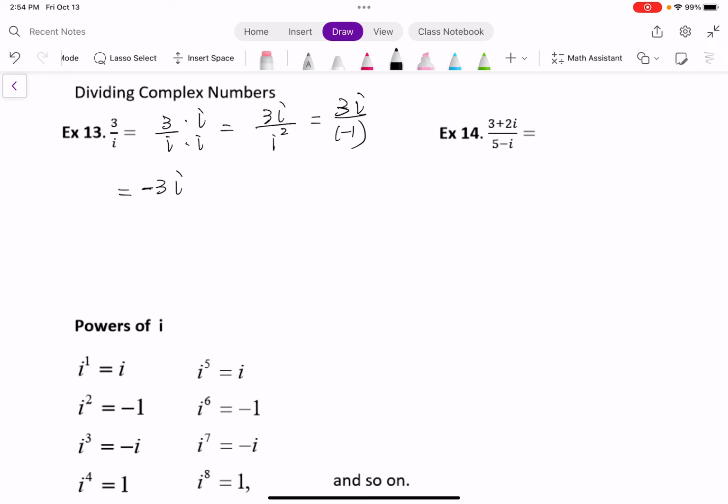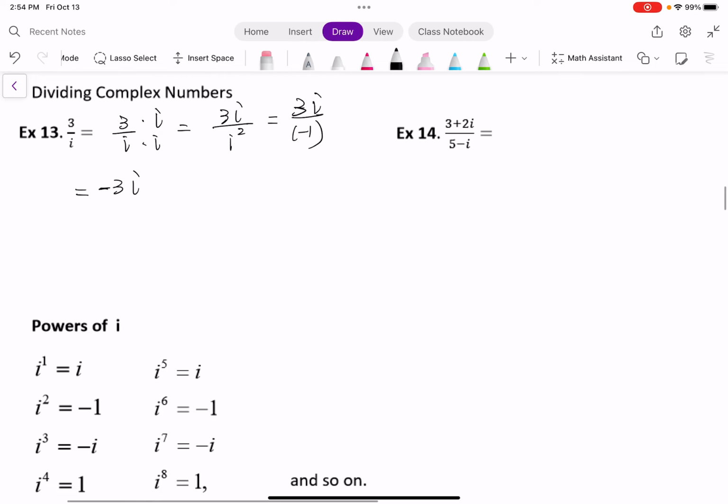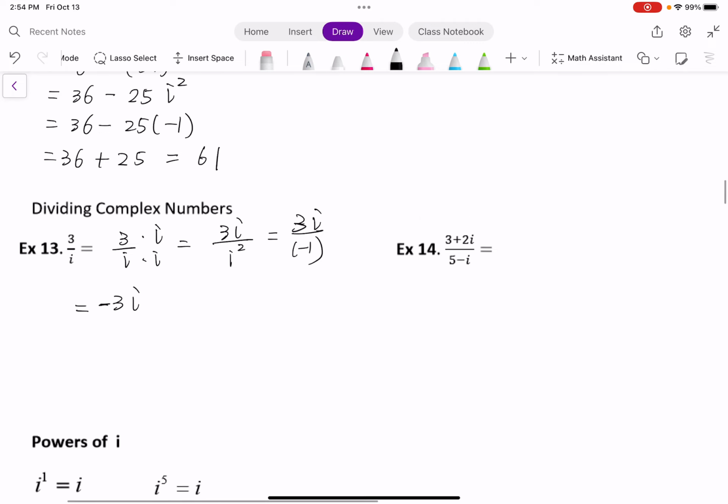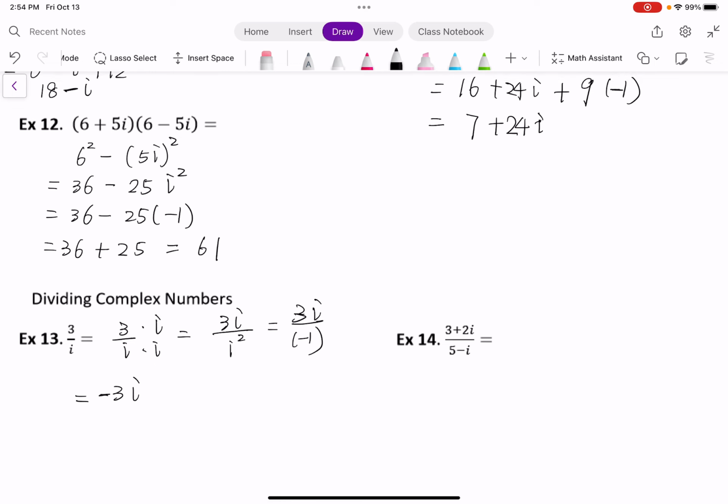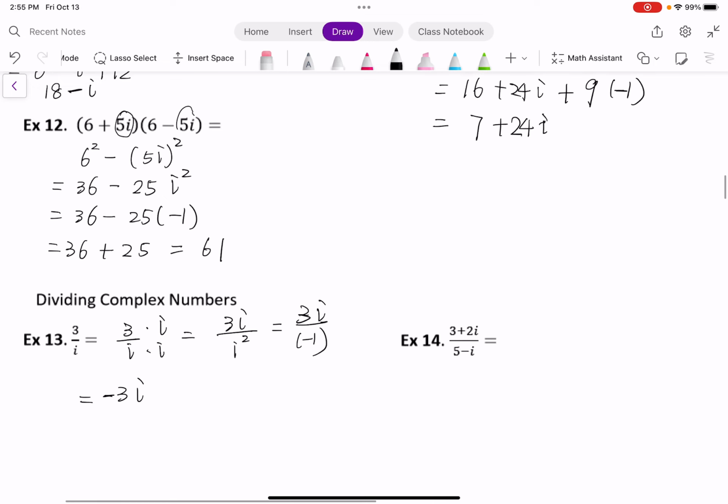So when dividing complex numbers, we get rid of the i at the bottom. Let's see the next one. How to get rid of the i at the bottom? The bottom is 5 minus i. Like the previous example, if I have a plus b times a minus b, and the b part has the i, then the solution has no i.